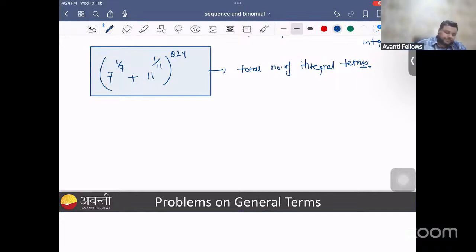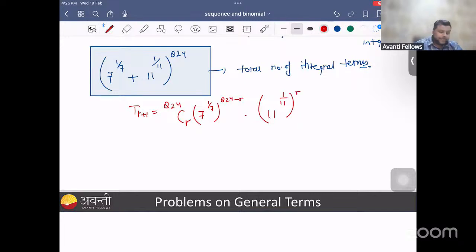Now see. Now if I talk about the general term, that means the T_{r+1} term. It is 824Cr (7 to the power 1 by 7) to the power 824 minus r into (11 to the power 1 by 11) whole raised to the power r.